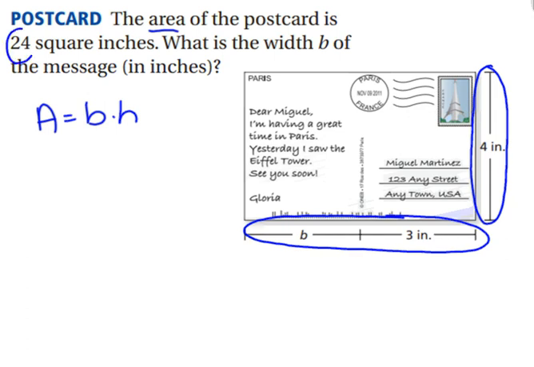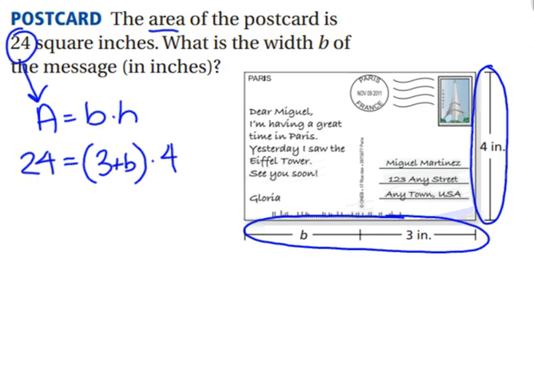Also, it tells me the area, so I can substitute 24 in place of A. So 24 is equal to the base. The base is 3 plus B. And since that's all the base, I'm going to leave that in parentheses. And then I need to multiply that by the height, which is 4.